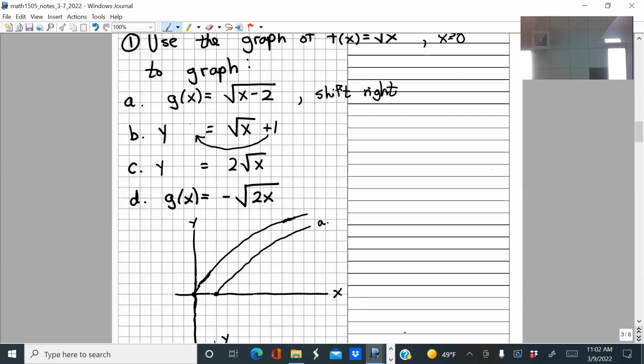See, this 2 you could not move, right? Because it was under the square root. But this one, you can move it to the left. And what does that give you, of course? Y what? Y minus 1 is equal to what? So really, what are we doing in this transformation?